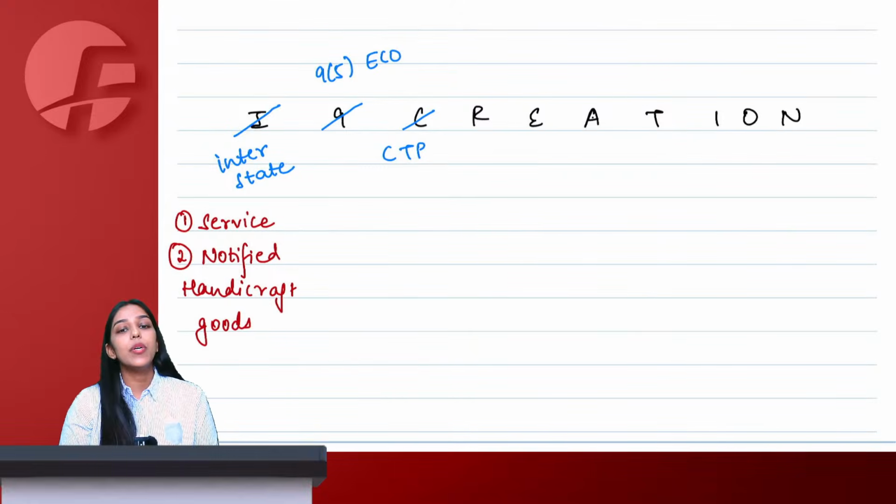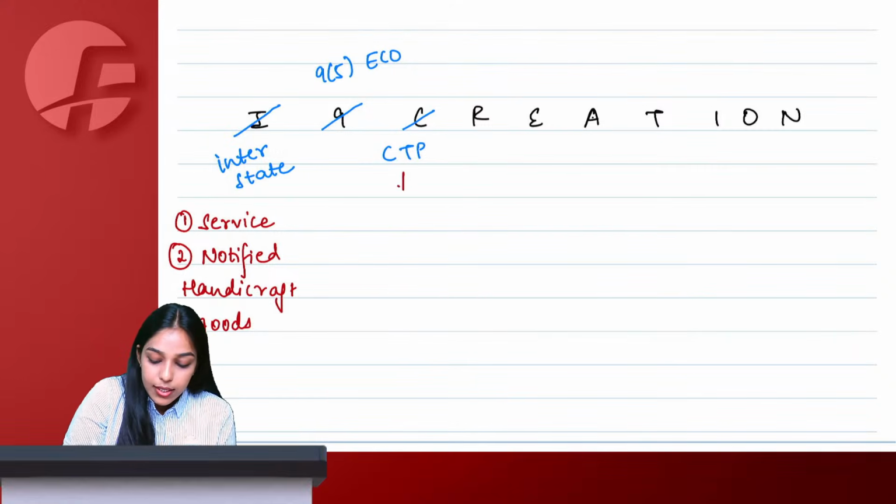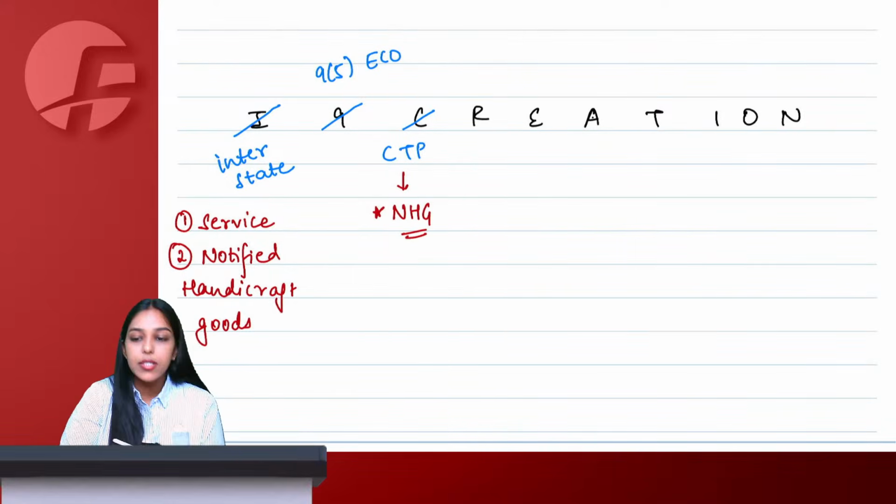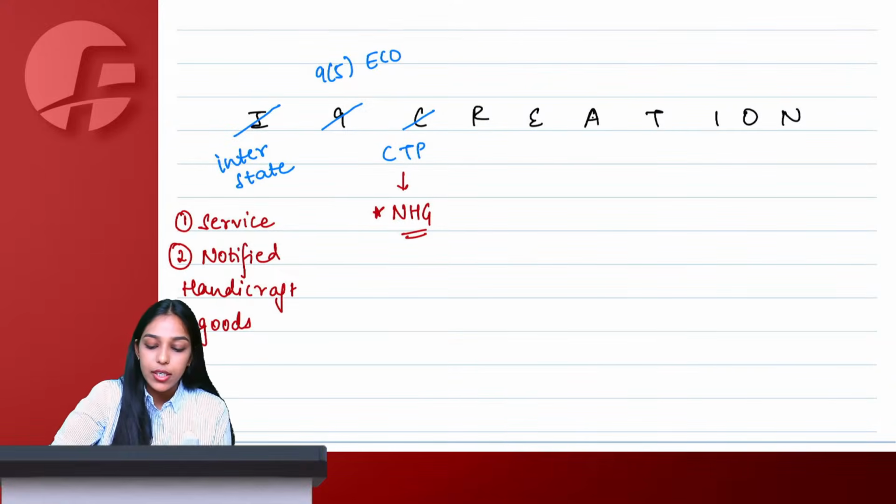Again, we have an exception: if I am a casual taxable person supplying notified handicraft goods, then I will get that 10, 20, 40 lakh benefit. Otherwise, any casual taxable person will have to take compulsory registration under GST.